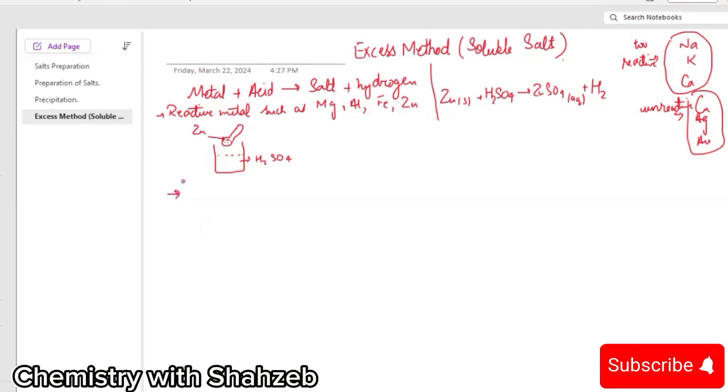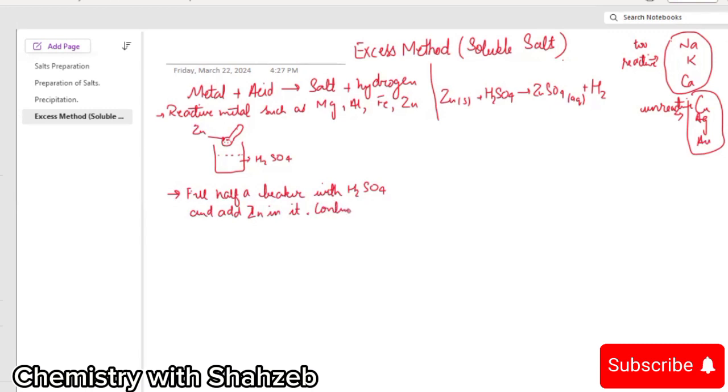So the first point: fill half a beaker with H2SO4, and add metal, add zinc in it.